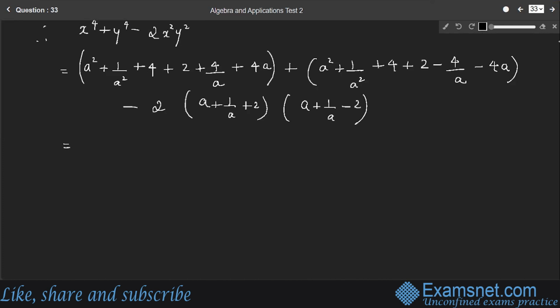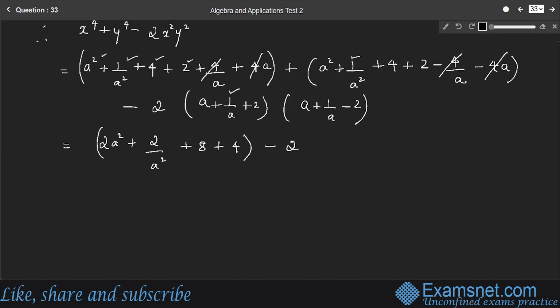Here, 4 by a and minus 4 by a will get cancelled, and minus 4a and plus 4a will get cancelled. Therefore, we have a square plus a square, which is 2a square; 1 by a square plus 1 by a square, which is 2 by a square; 4 plus 4, which is 8; and 2 plus 2, which is 4.